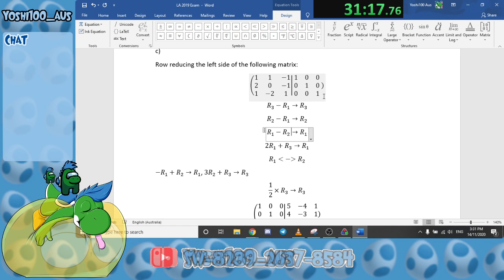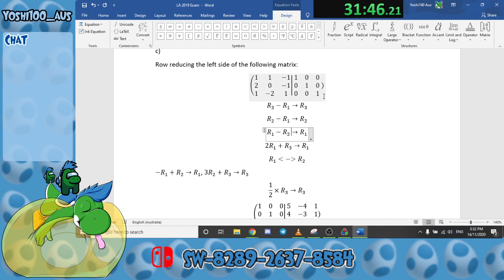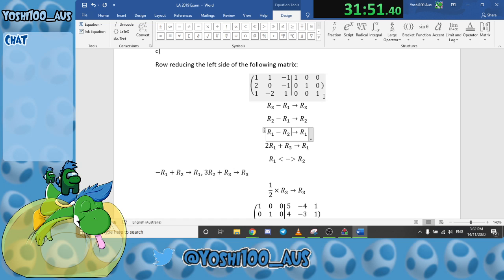Hold on, let me have a look at this. R2 take 2R1. Really? But if you do R2 take 2R1, you get row 2 column 1 becomes 0, but then... Oh wait, hold on.